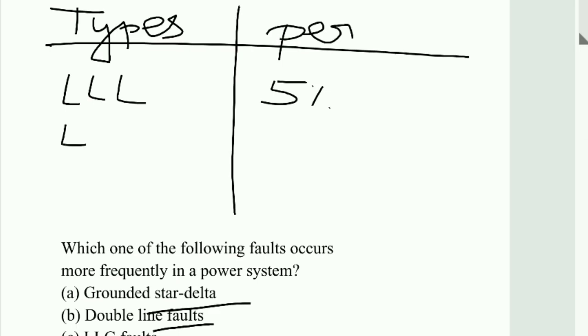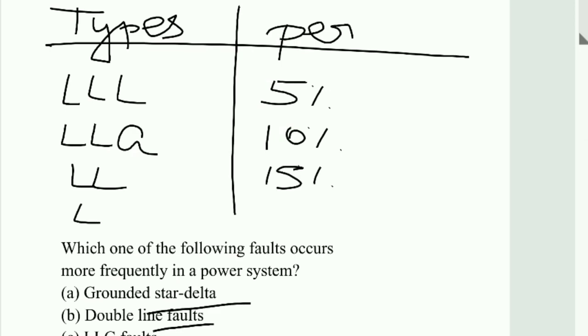LLG लाइन ग्राउंड फॉल्ट, ये होगा कितना, 10%. LL लाइन टू लाइन फॉल्ट कितना होगा, ये थोड़ा सा इससे ज़्यादा होगा, 15%.